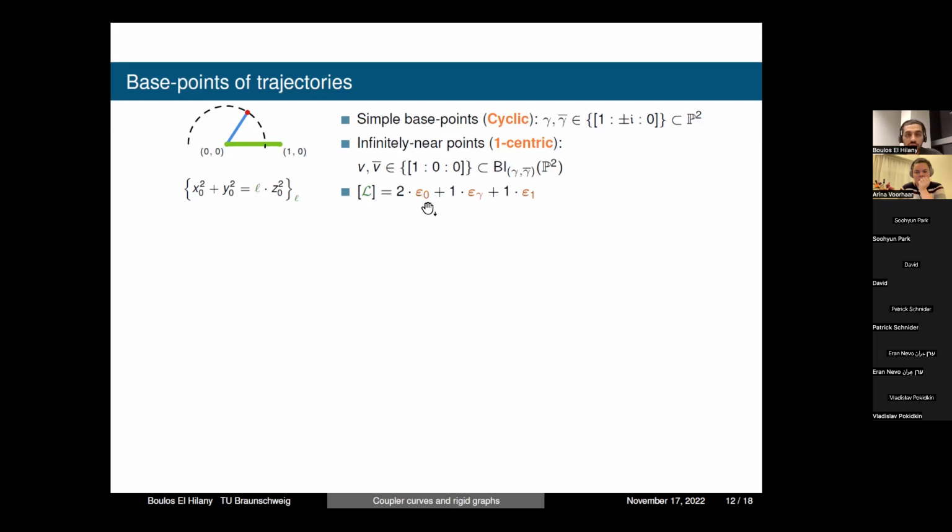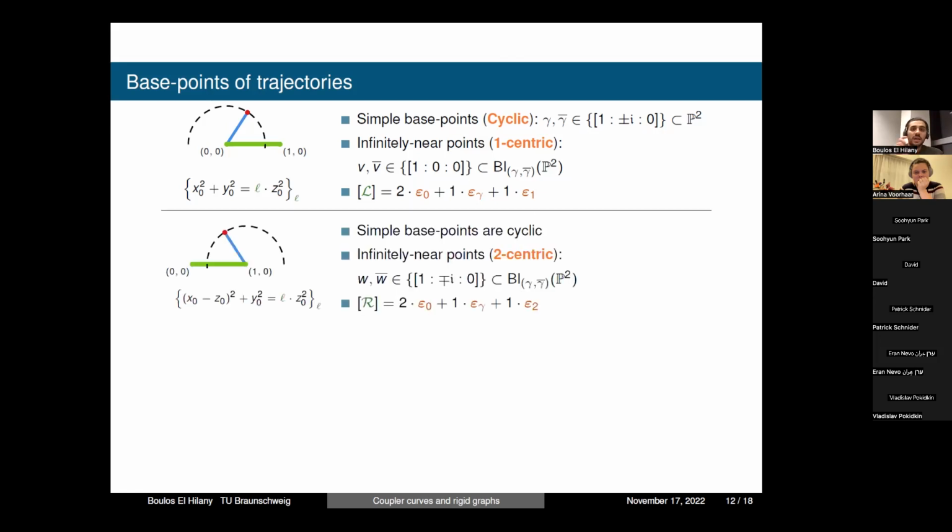So we have 2 times epsilon 0, and it passes through the cyclic points with multiplicity 1, so I have 1 times epsilon gamma, and it passes through the infinitely near base points with multiplicity 1, so I also have 1 epsilon. This is the representation of the coupler curve as a vector in the Néron-Severi.